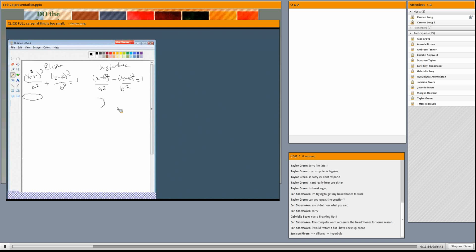Number 19 says 81y squared minus 9x squared equals 729. K squared, remember the y and the k go together, x minus h squared, and we know we needed it to equal 1.